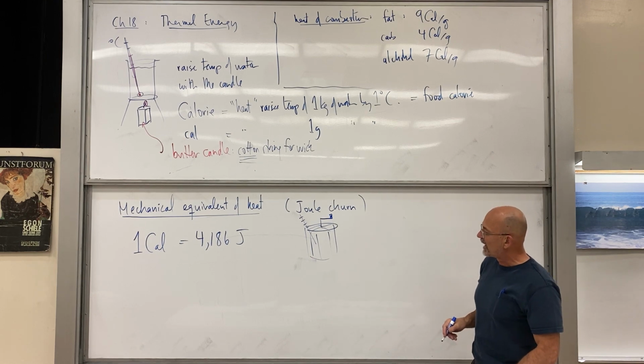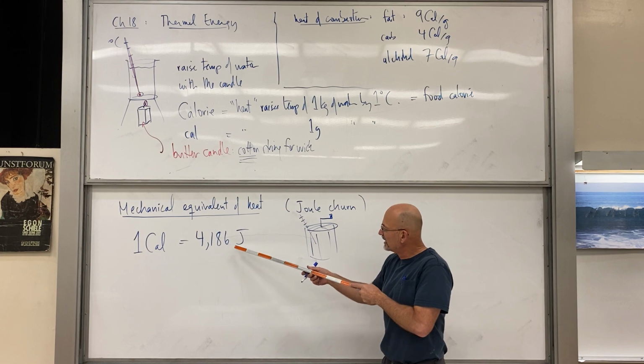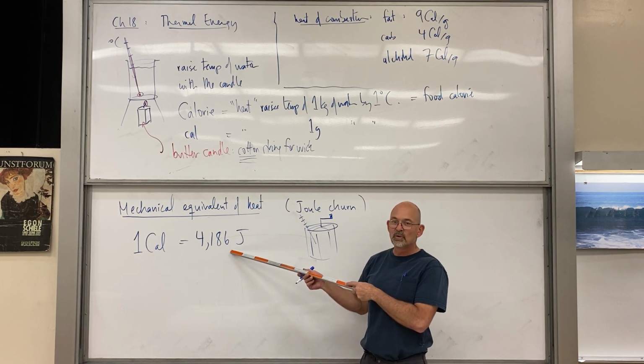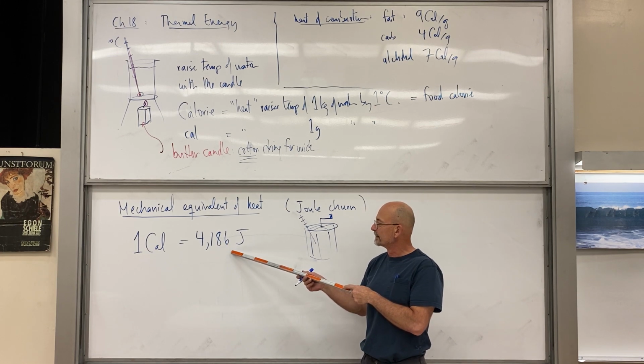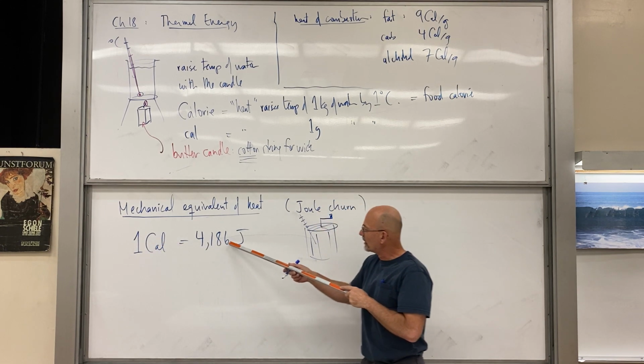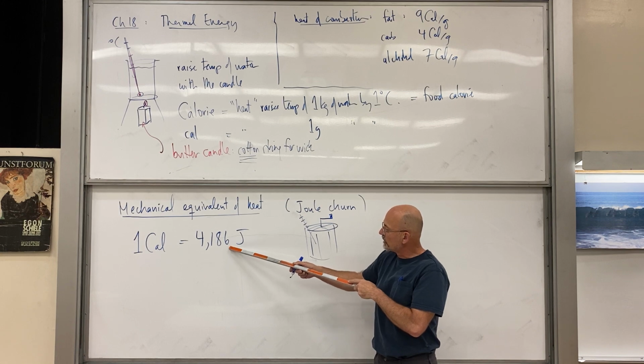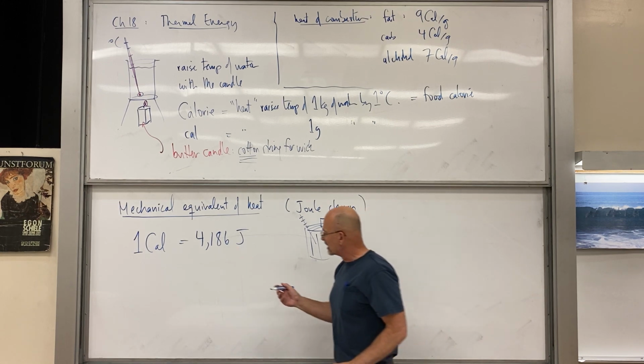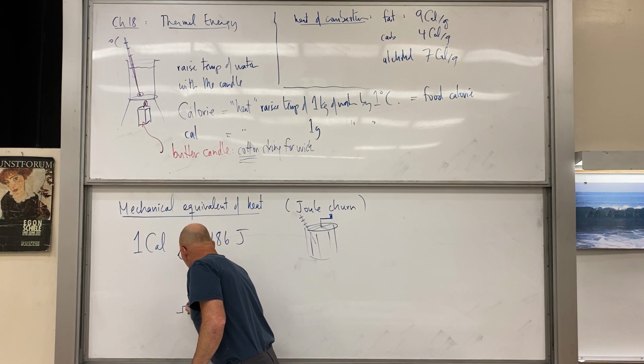4,186 joules. How much mechanical work is 4,186 joules? After all, we eat a couple thousand of these every day. A good basic way to think about this is the stair climb.